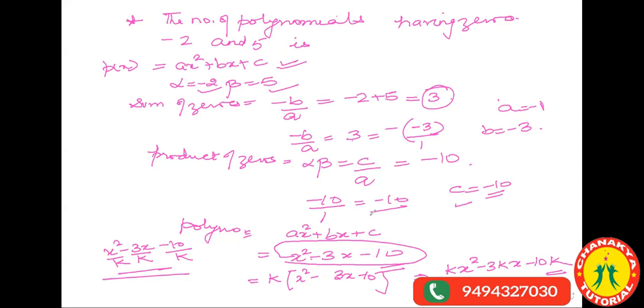Because if you are multiplying it by any number or dividing by any number, then your number of polynomials will be more. Clear, beta? So keep this in your mind. If the number of zeros given is 2, then the number of polynomials will be more than 3. Clear?